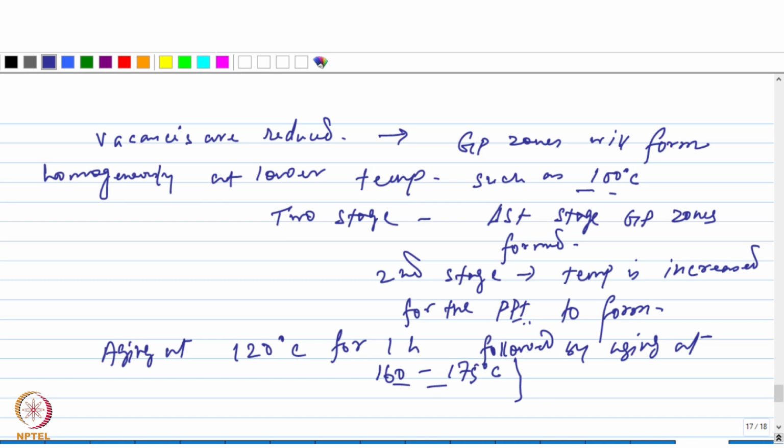This is one property which is particularly useful for the aerospace sector, and that is why a large part of the aircraft is made of aluminum alloys. And the alloy which is widely used particularly in the fuselage of the aircraft is this 7050 alloy.